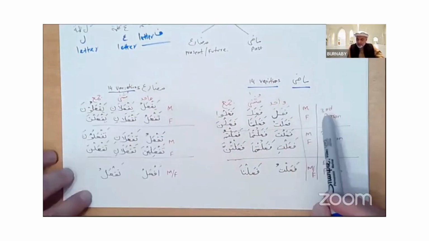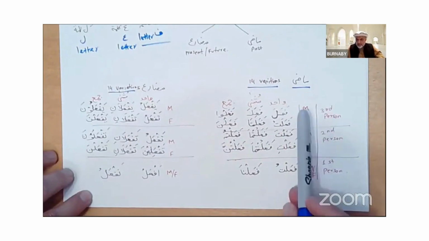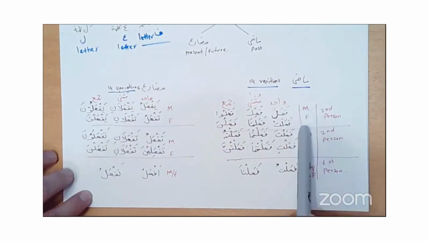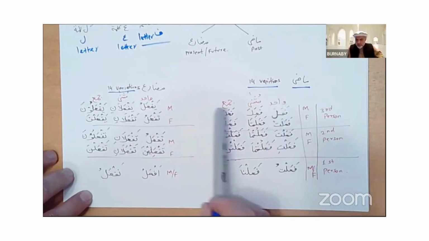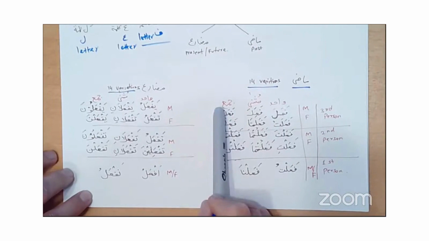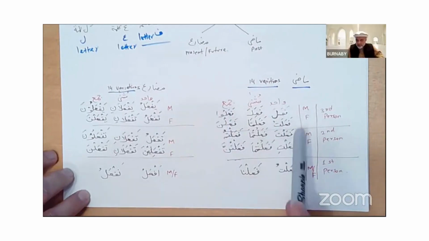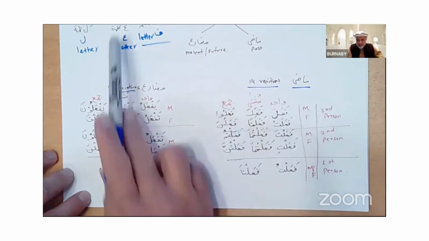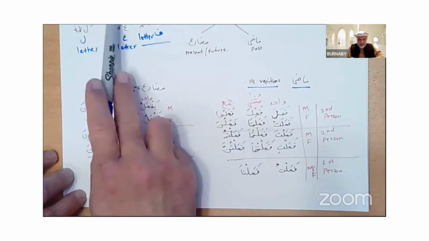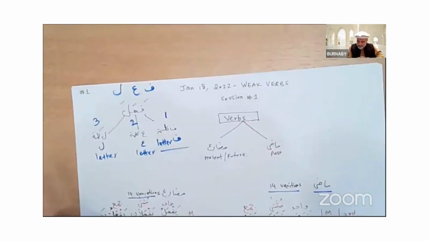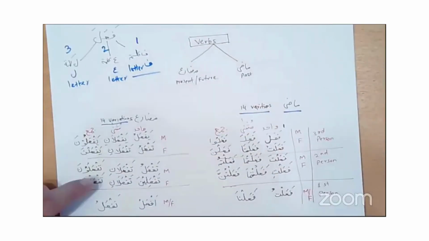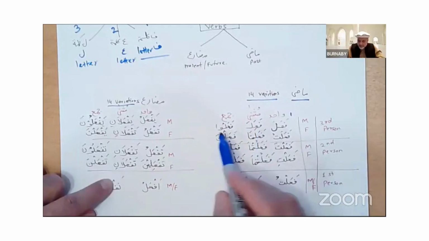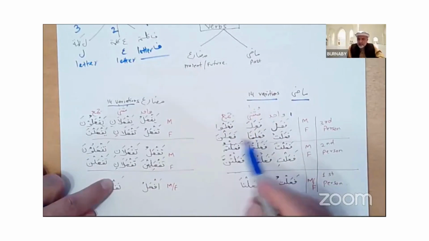When we are talking about a third person, the gender could be male or female, and the number could be singular, dual, or plural. So how do we make those transformations? Fa'ala is siga number 1, right? What is the meaning of fa'ala?